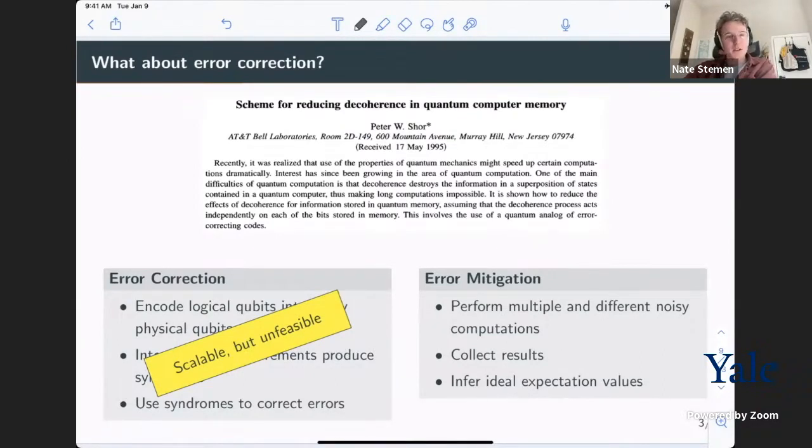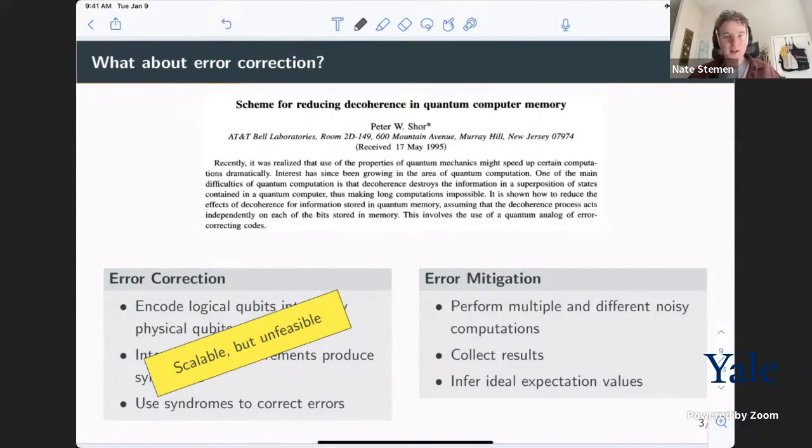But in the meantime, we still would like to be able to use our NISQ era, our noisy intermediate scale quantum devices for something meaningful. And with the amount of noise that we see on most modern systems, it's just not possible. So error correction is scalable once we get there, but it's currently unfeasible.